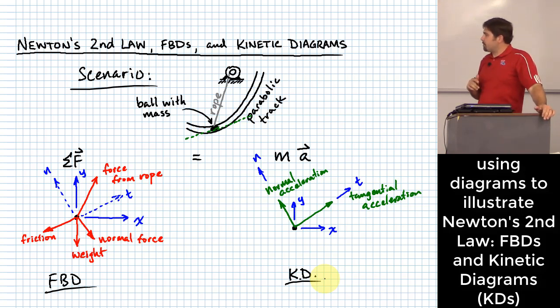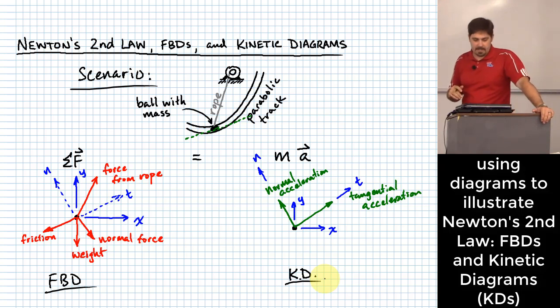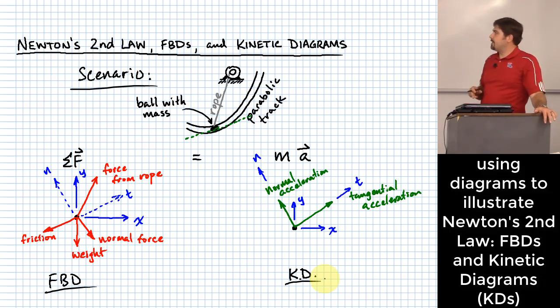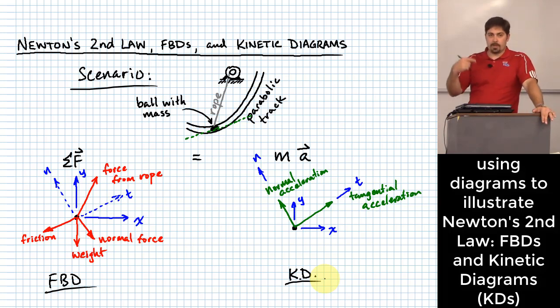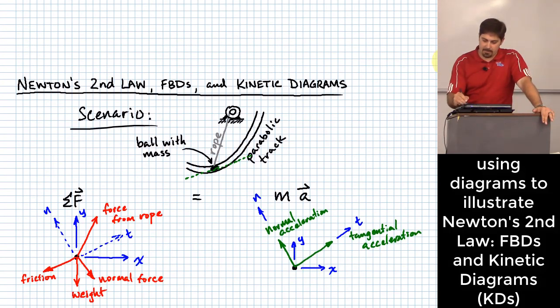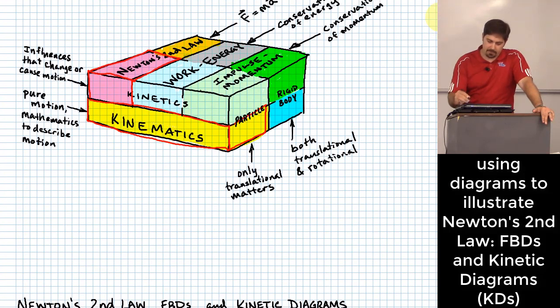And ultimately what you're trying to do is make the process easier for you to sum forces and relate it to the mass times the acceleration that the CG of the body experiences. That's kind of an important thing that's going to start mattering more when we go into rigid body dynamics instead of particle dynamics.